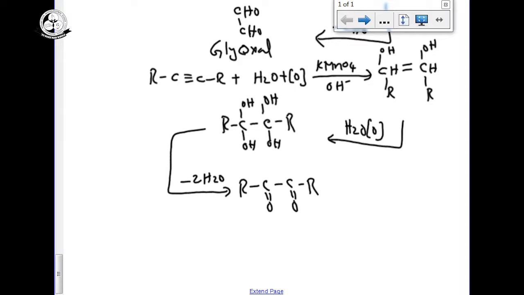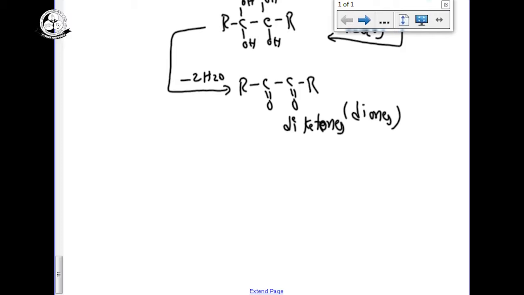The name of this compound is diketones, or simply diones. If 2 OH groups are side by side, we say diols; if 2 ketone groups are side by side, that is a dione.